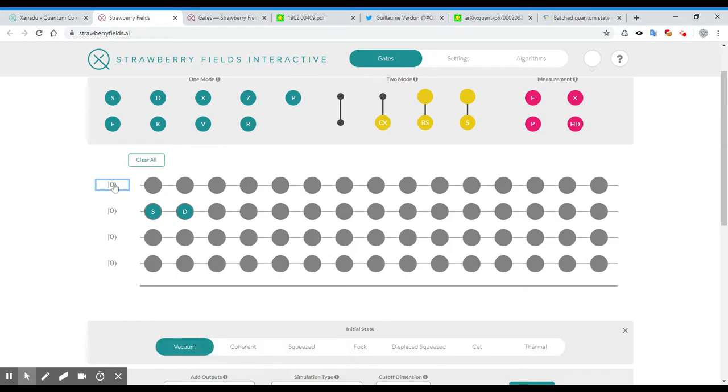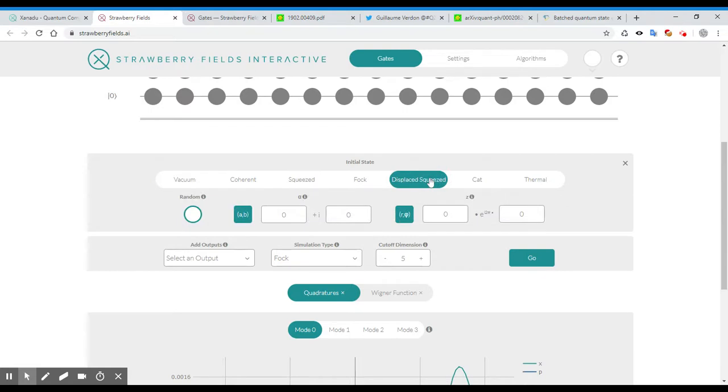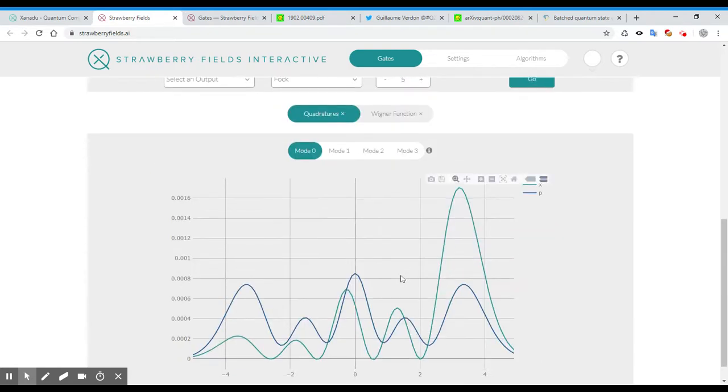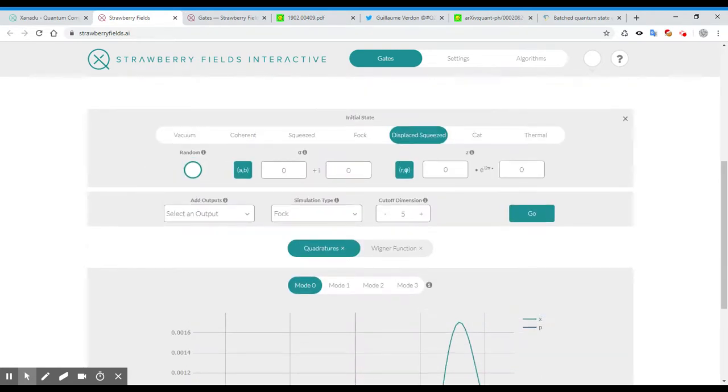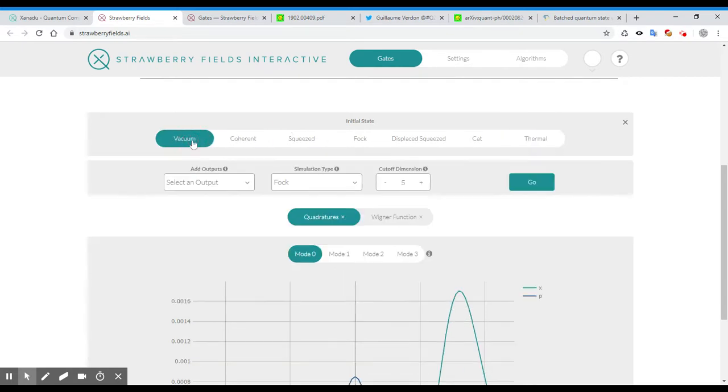How can I? Oh, displaced and squeezed. Okay, you can kind of start with displaced and squeezed, squeezed, coherent, thermal initial state.